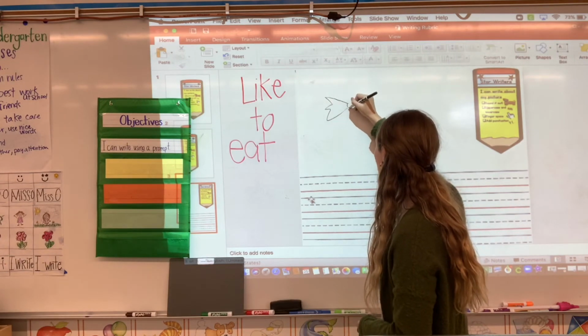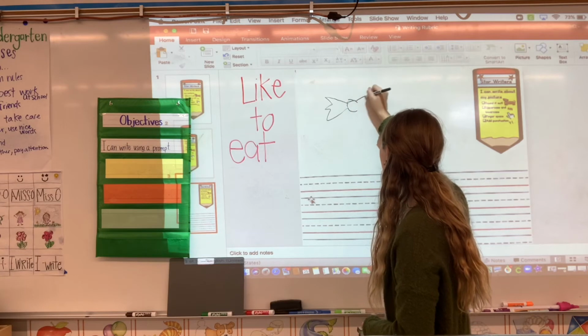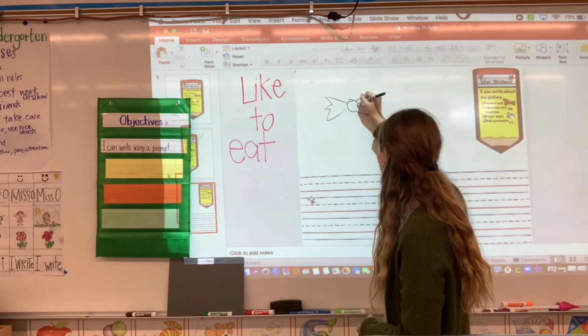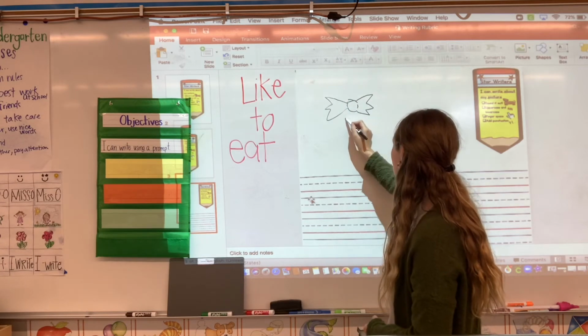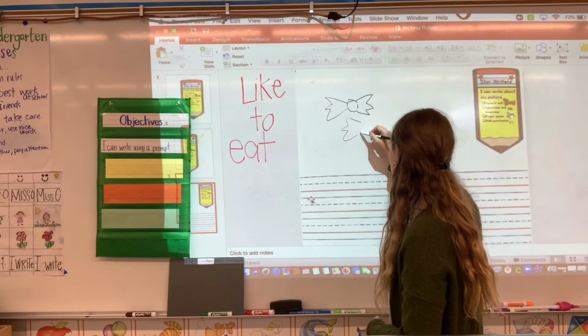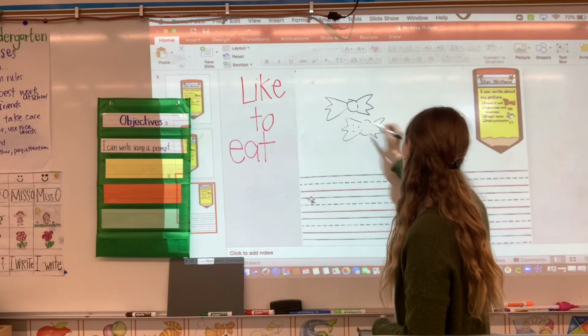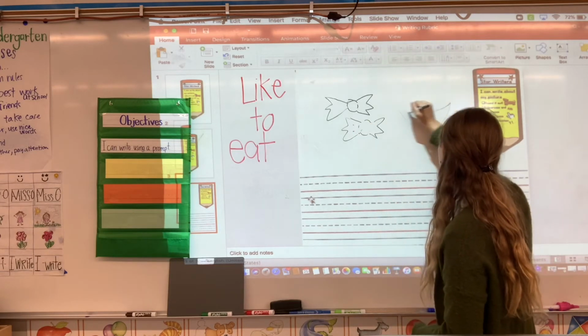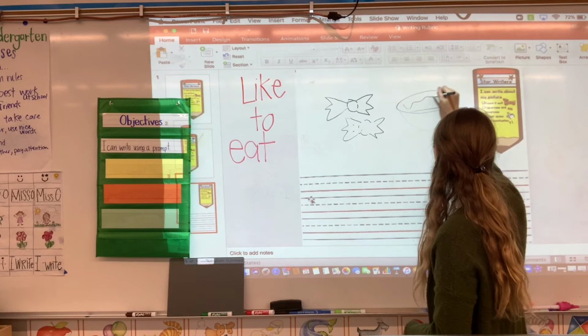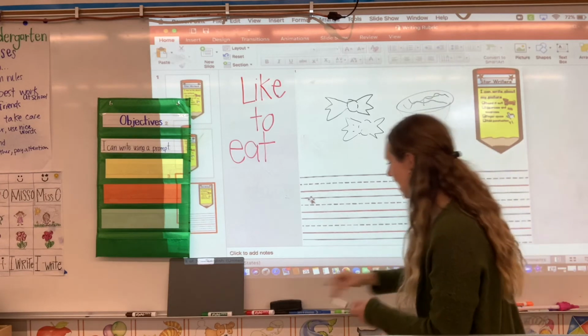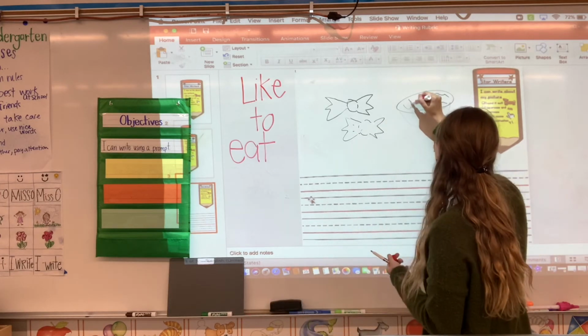So I'm going to draw a little bow tie noodle here. They kind of look like this. Bow tie pastas. Those are really yummy. I also really like to eat spaghetti. So I'm going to draw a bowl of spaghetti. It has noodles in it. It has some red sauce.